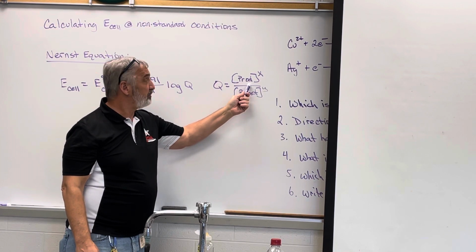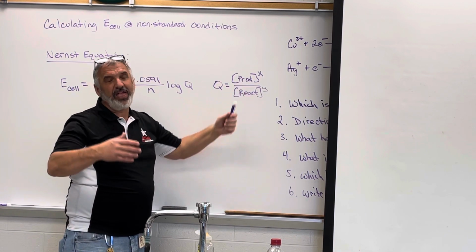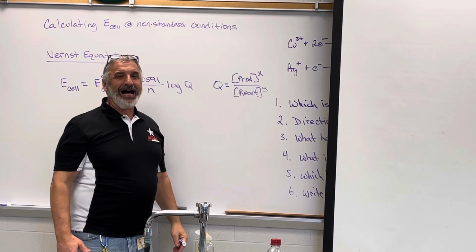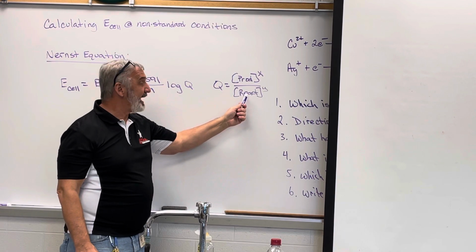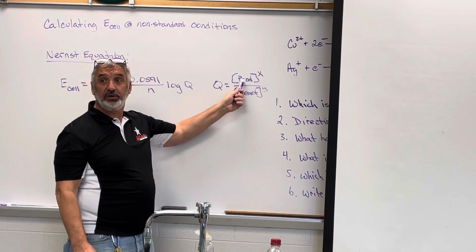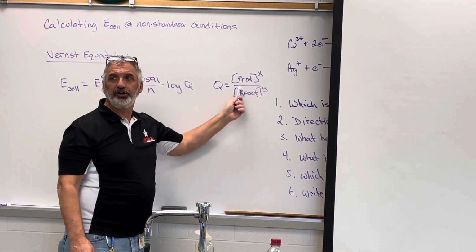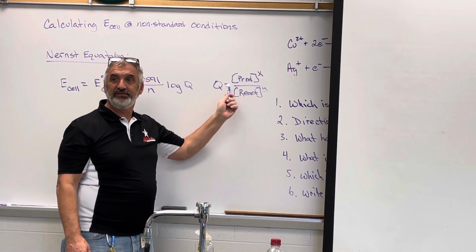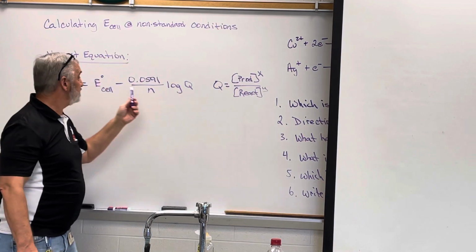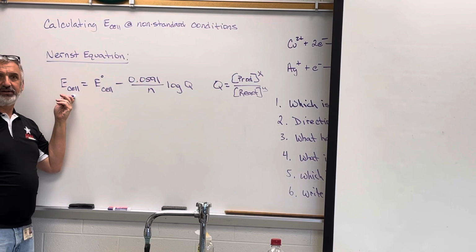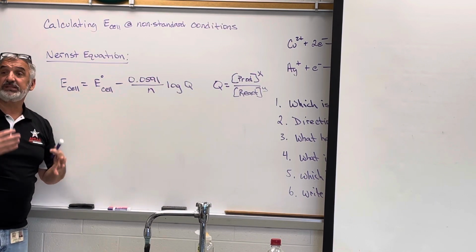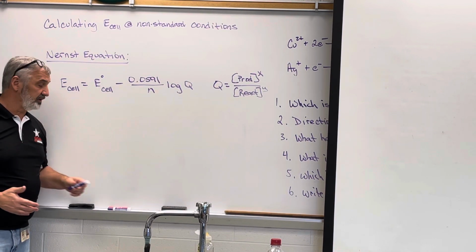So if we started with 1 molar and 1 molar, where reactants is going down and products is going up, now Q is a number greater than 1, and the log of Q is positive. So E cell minus a positive, what happens to my cell potential? It goes down and down and down until eventually it's dead. So the Nernst equation can help us explain what goes on.